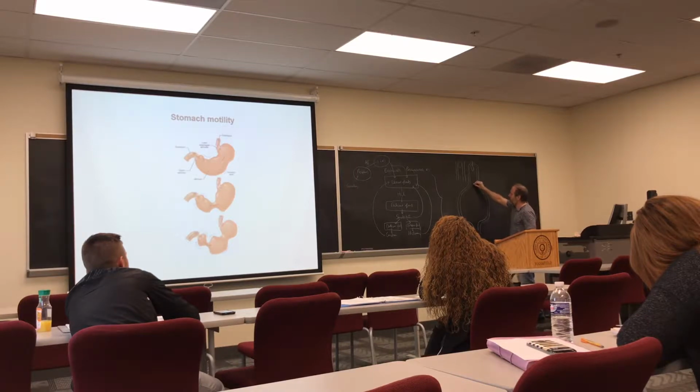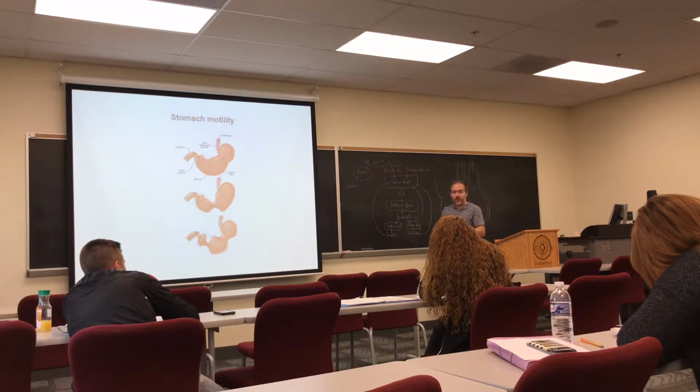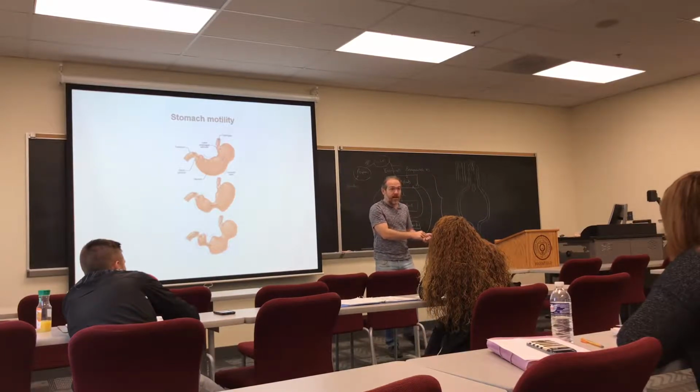When the food arrives finally here, the food particles are still pretty big, right? And then we need to digest them, so break them down into smaller components that then the small intestine can absorb, right? And we need to break down the food items, and we need to send them to the small intestine, all right?